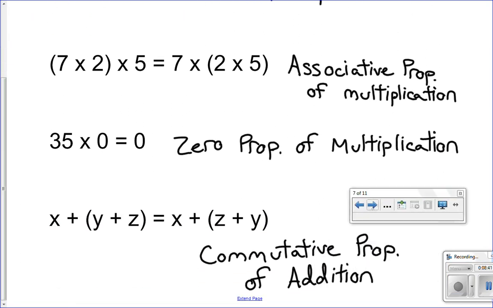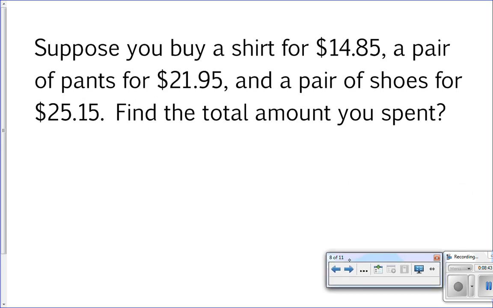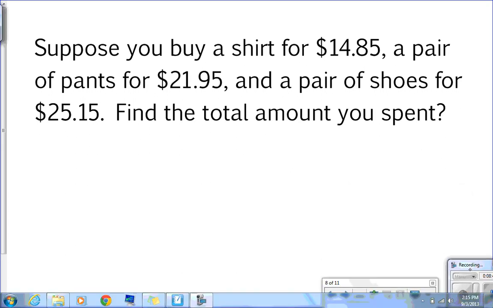Okay, so let's try and apply these to a word problem. Suppose you buy a shirt for $14.85, a pair of pants for $21.95, and a pair of shoes for $25.15. Find the total amount you spent.